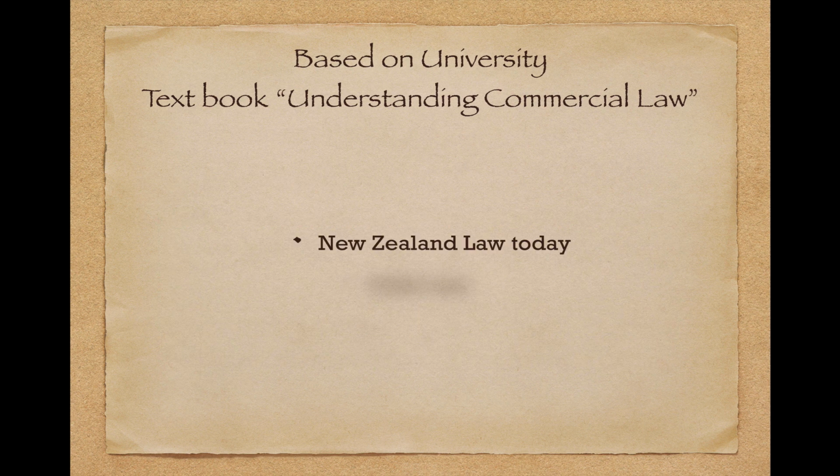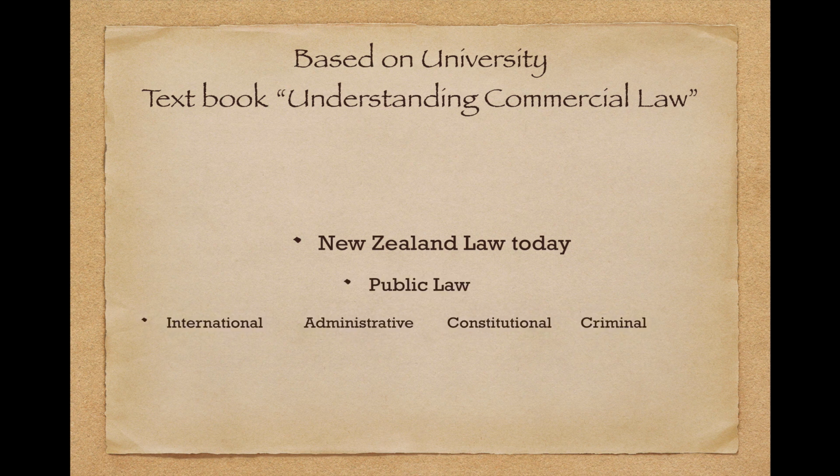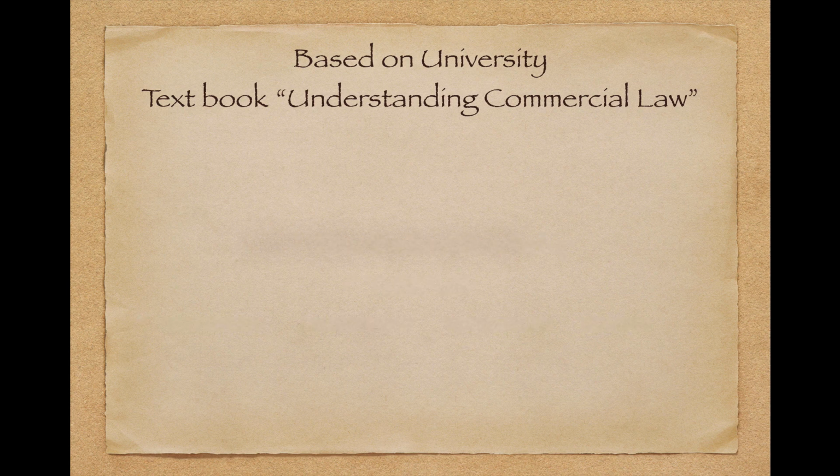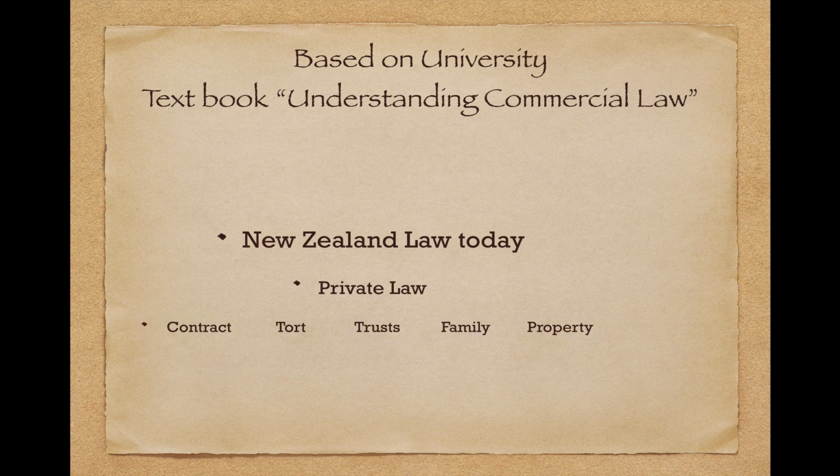Okay, so when we go further into it, we'll find that the public law is international, administrative, constitutional, and criminal. Now, I want you to look at two in particular, administrative and criminal, because those are the two laws that concern us the most. Okay, so New Zealand law today, when we come to private law, we come to contract, tort, trusts, family, and property.